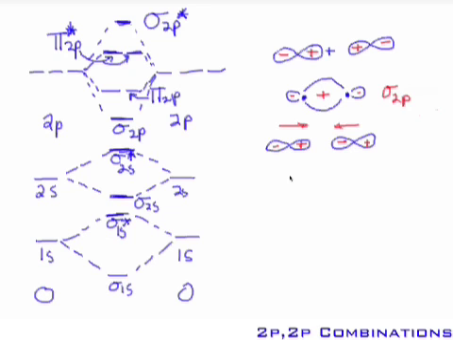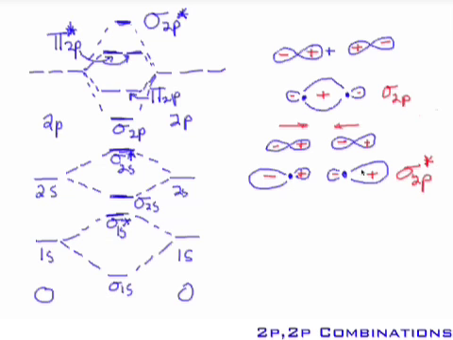If the probability of finding the electron between the two nuclei decreases, it must increase outside. So where they overlap, there's a decrease. So the lobe on the outside increases. So if this was plus and that was minus, the lobes on the outside increase. And this is what the orbital for the sigma 2p star looks like.